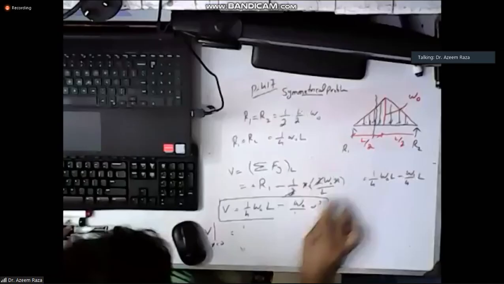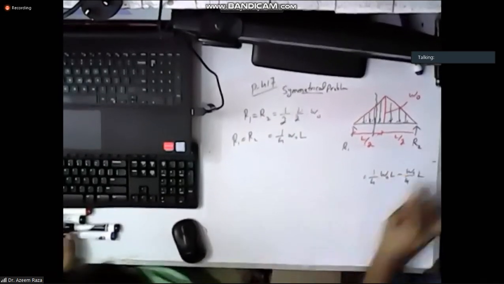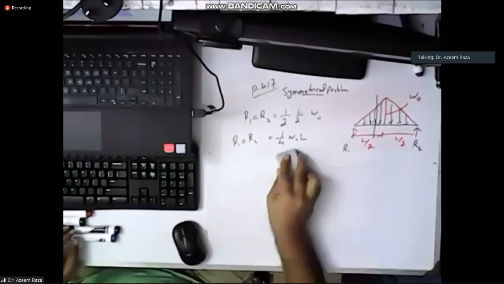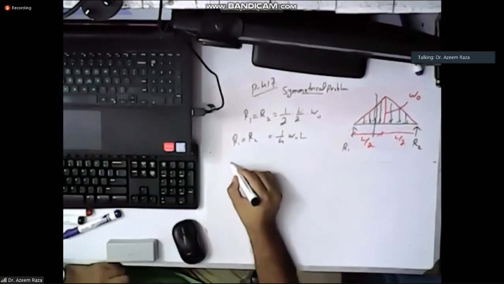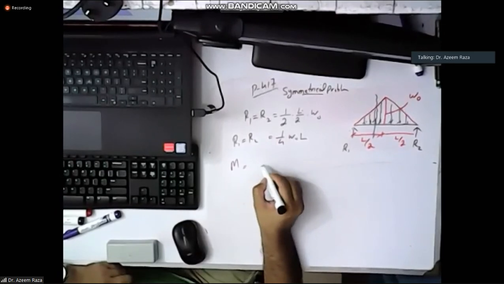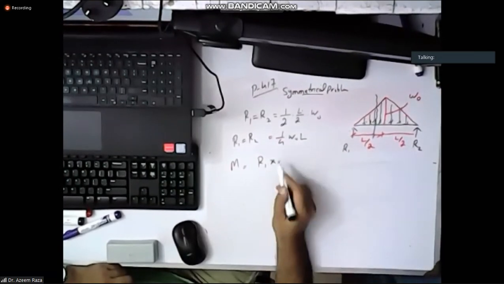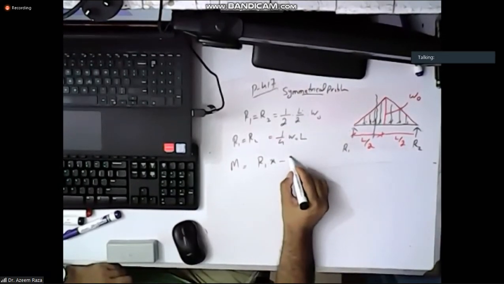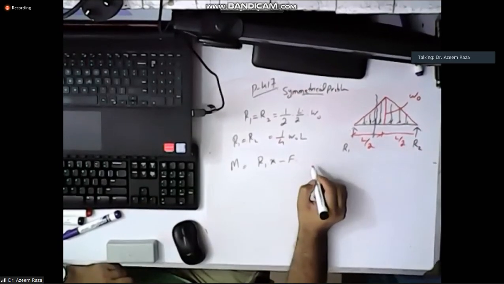So I'm going to take the bending moments. The bending moment will be again R1 times X, minus force, whatever the force is, times how much?